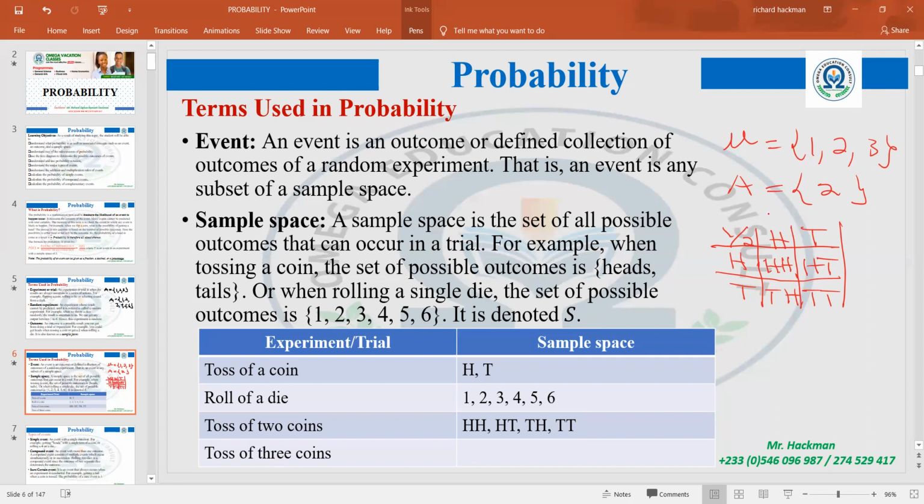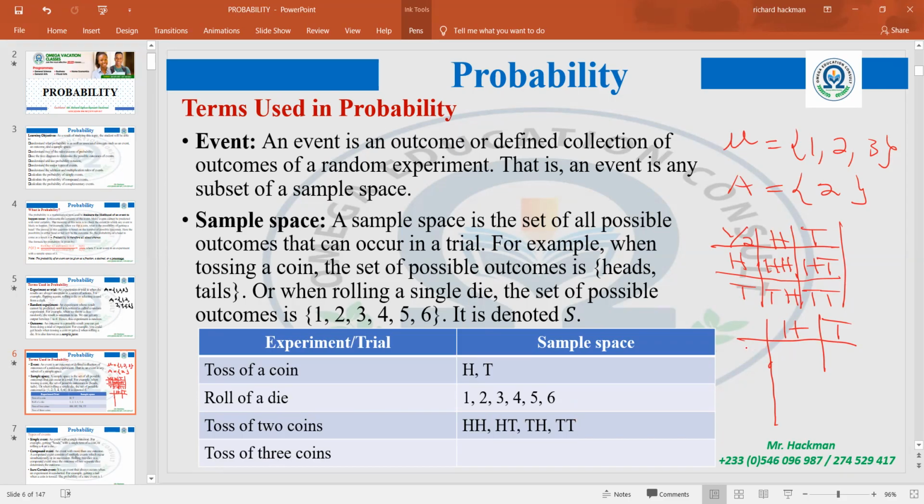In that case, this is how you will build your table. One side, which is the row here, will be head, tail, and that will cater for the set of possible outcomes in one coin. And the other one, where you have the two, you are going to use what you have here, because if I have 2 coins and I toss, this will be the set of possible outcomes.